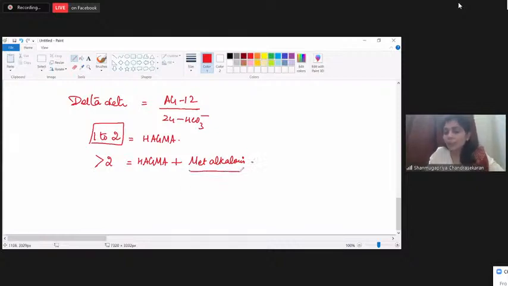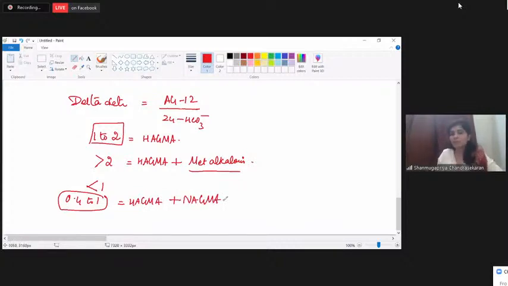This you have to find out, because if it's present, the management would differ. And if the value is between 0.4 and 1, it's not just a high anion gap metabolic acidosis, there is a coexisting normal anion gap metabolic acidosis. Clear?